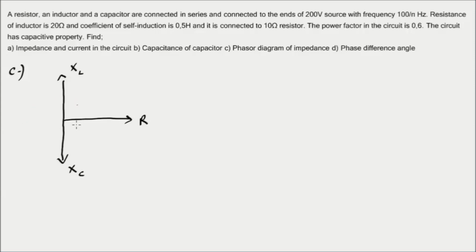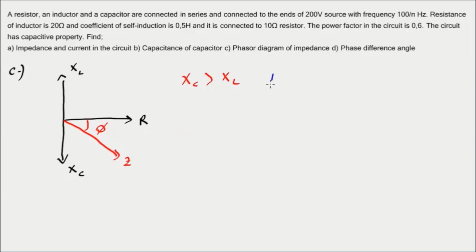First region or fourth region? We have to decide that, but the question says capacitive property. So it means XC is greater than XL, so it's going to be here. And this is the phi, which is the phase difference angle.